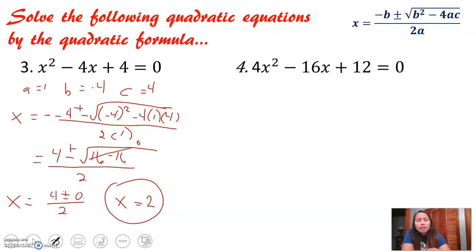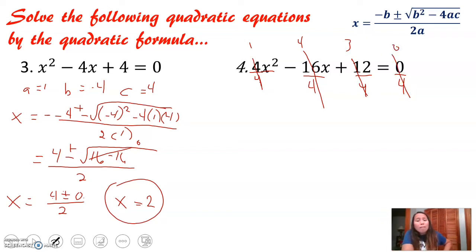Finally, let's take a look at this. This is pretty tricky, but if you could see, everything can be divided by 4. By property of equality, if we divide everything on one side by 4, we should also divide the other side of the equal sign by 4. Now 4 divided by 4 gives us 1. -16 over 4, we'll just keep the negative there, this is 4. 12 divided by 4 is 3. 0 divided by 4 is still 0.